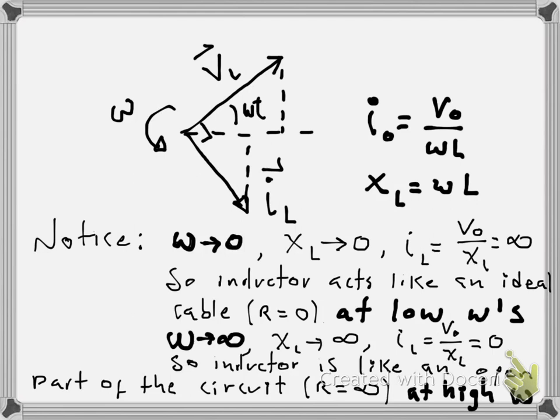That's why we're saying that at high frequency the inductor behaves as if we had removed the inductor, leaving the wires open at that part of the circuit. That is the behavior of the inductor at high frequencies. It opposes the current flowing through the inductor, resulting in a current of 0.